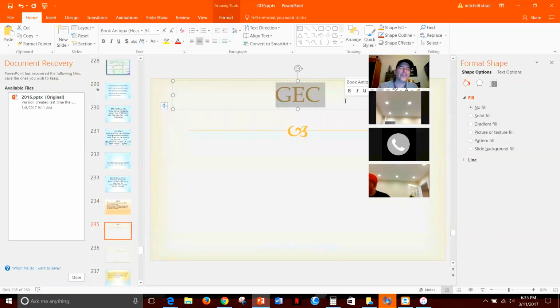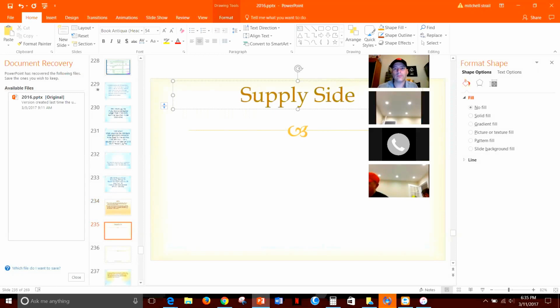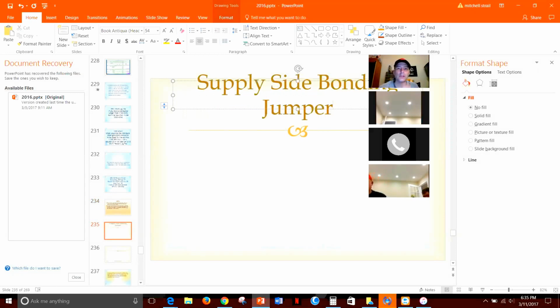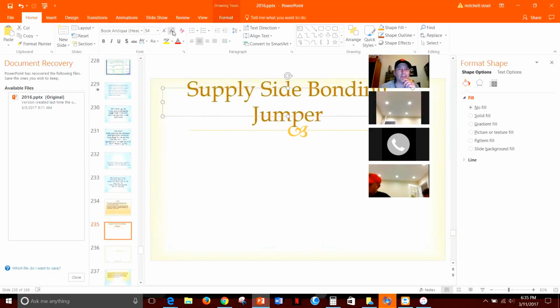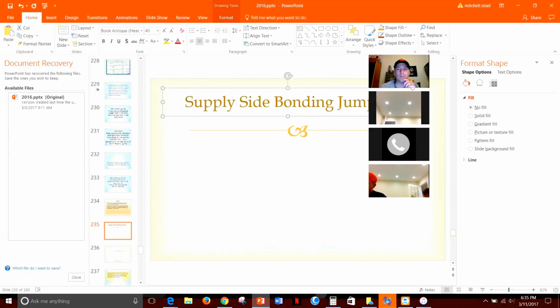I don't know if it's system bonding jumper or main bonding jumper, or what's the other bonding jumper they have listed on the table? You got a main bonding jumper, a system bonding jumper, and a supply side bonding jumper. The key word there is the word jumper. That'll be your clue. If you see that, you'll know what table they're dealing with, right?